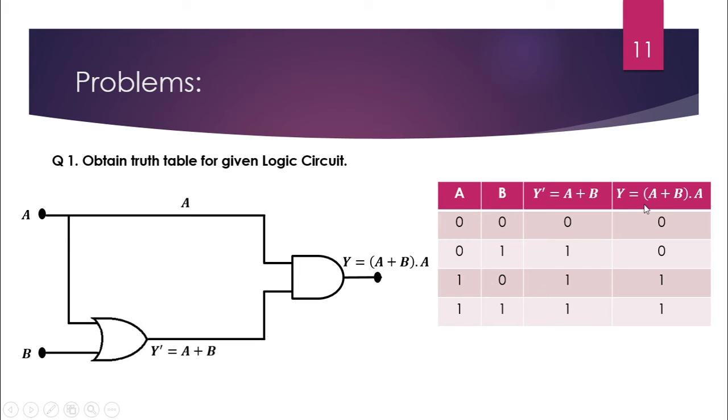And now we know the output of AND gate is multiplication of two variables, that is A plus B and A. 0 into 0, that is 0, 0 into 1, that is again 0, 1 into 1, that is 1, and 1 into 1, that is 1. And finally we get the output of this logic circuit is 0 0 1 1.